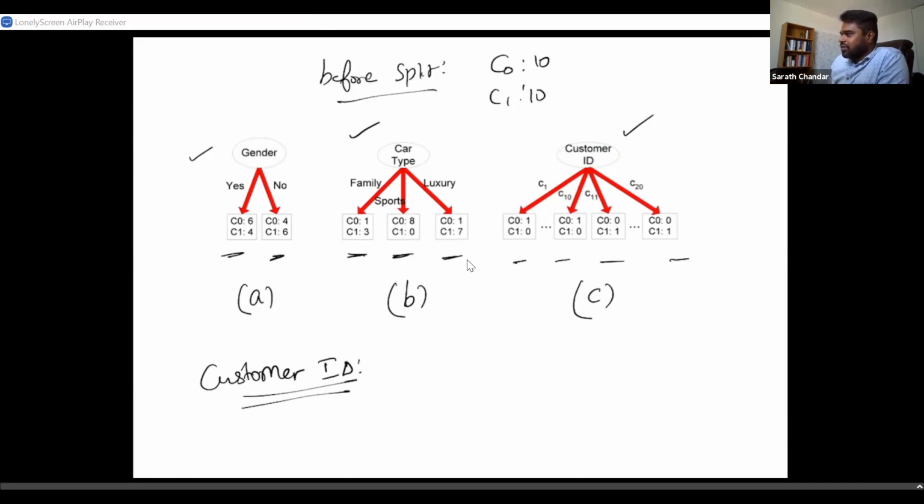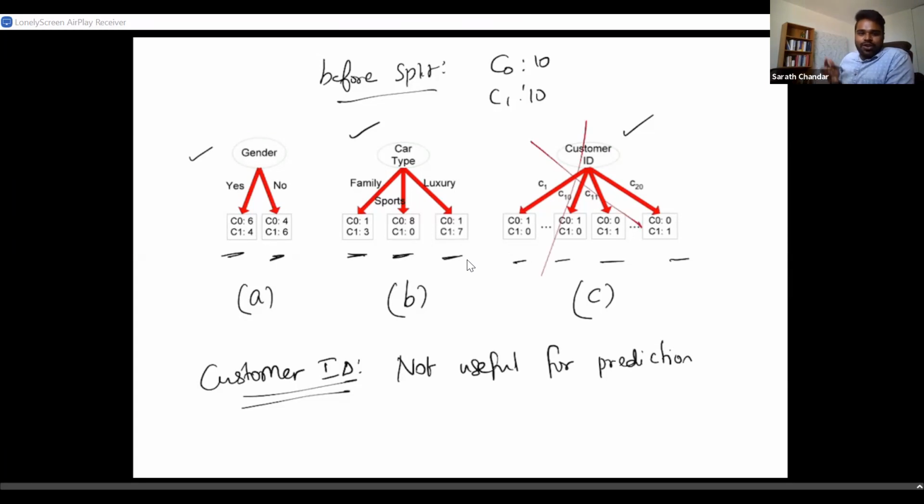You cannot, right? As someone rightly pointed out, it's kind of overfitting to this customer ID. Customer ID is not useful for prediction. It is just a unique ID to put the customer in the database, so you cannot use this for a new customer. So this is actually a bad thing.